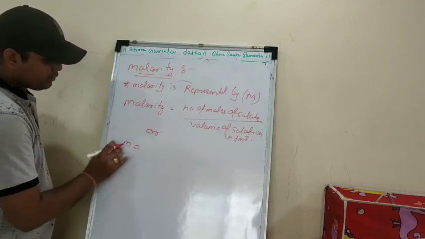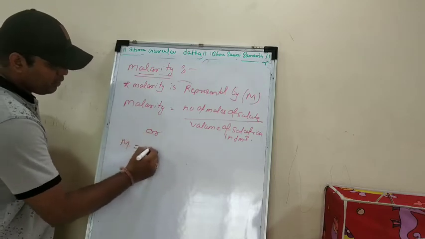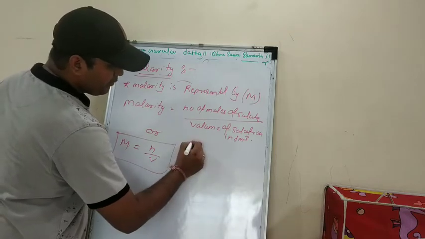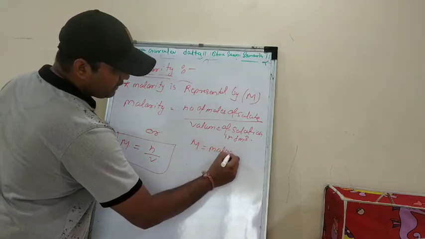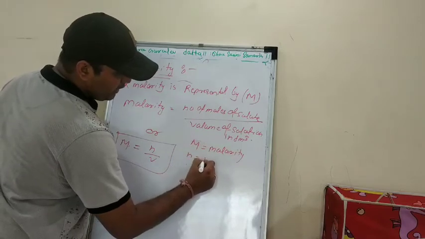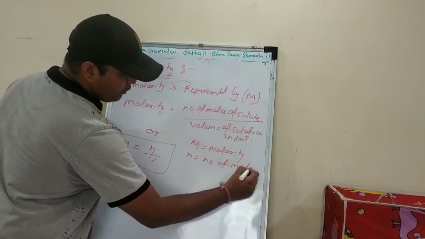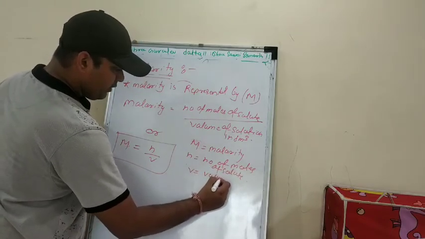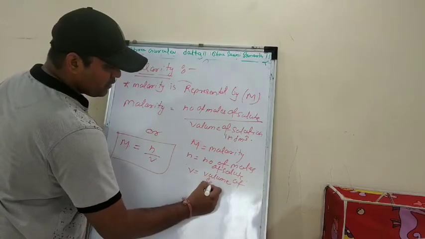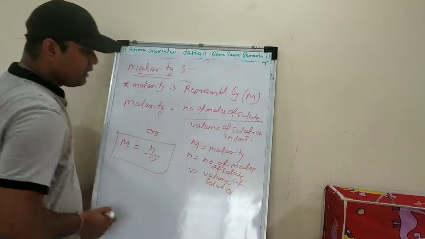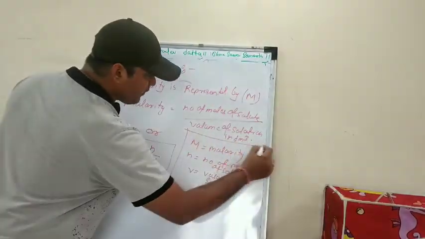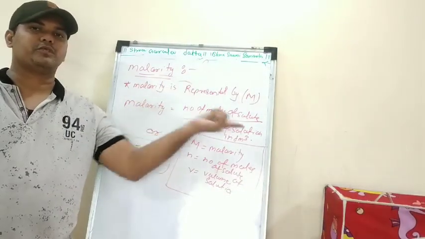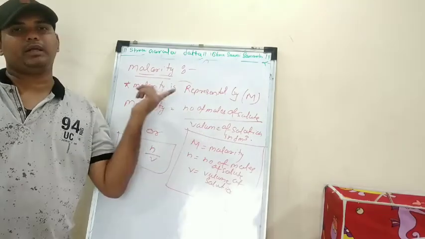We can say capital M is equal to small n by V, where capital M is nothing but the molarity, n is the number of moles of solute, and V is the volume of solution, right? I hope that you have understood the concept of molarity. So what is molarity? Molarity is nothing but the number of moles of solute dissolved in per liter of solution.